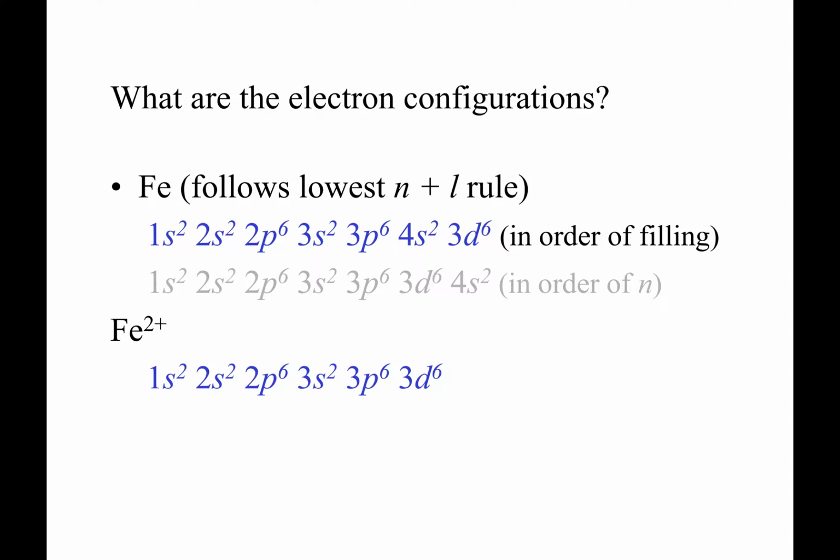So here we go. If it loses 1 more electron, notice its new valence shell, these ones right here, and we said it's going to come off from the highest L. So s, L is equal to 0, p, L is equal to 1, d, L is equal to 2. So this one more is going to go.